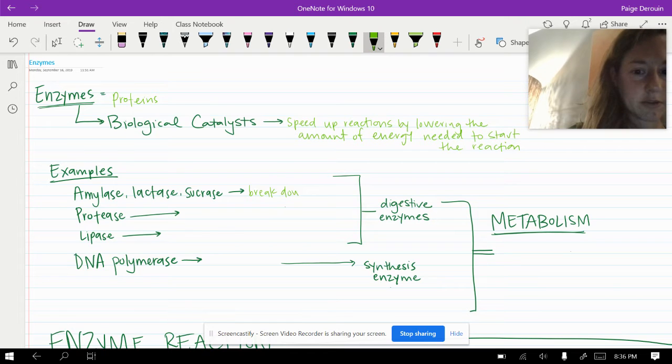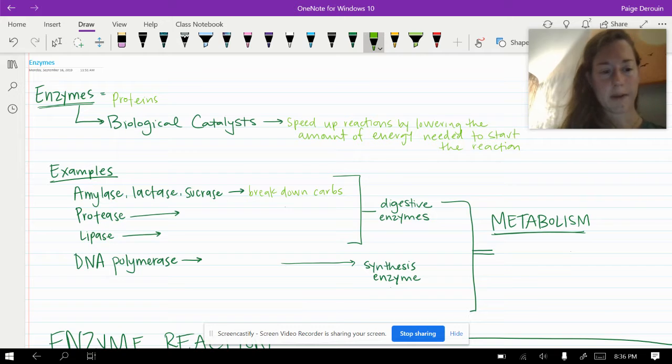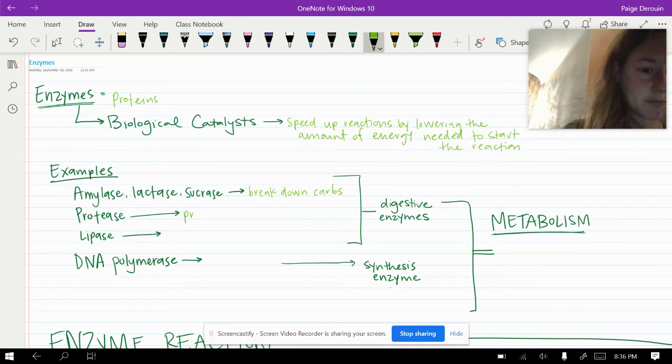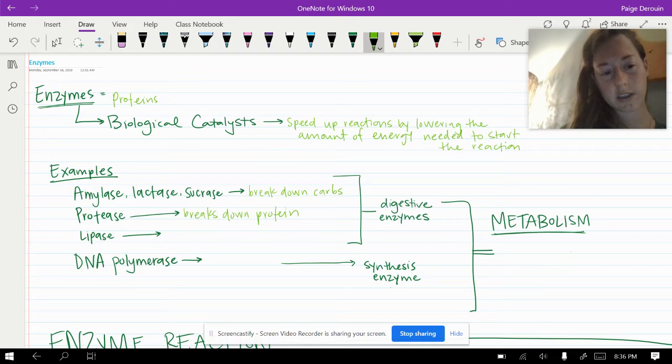They break down carbs. Protease is an enzyme that breaks down protein. And then lipase breaks down fats, breaks down lipids.